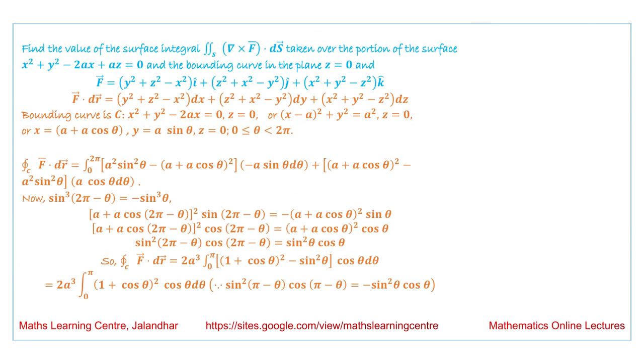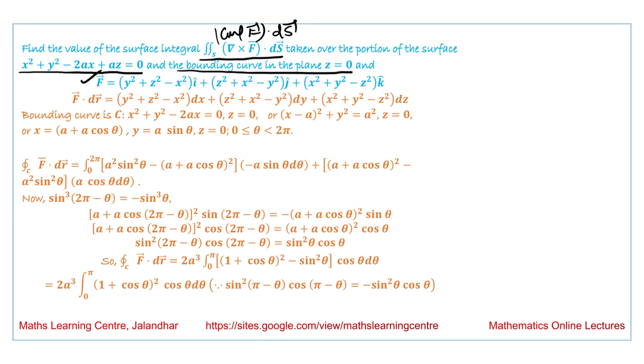Next we have to find the value of the double integral of del cross F vector, that is curl of F vector dot dS vector, taken over the portion of the surface x square plus y square minus 2ax plus az equal to 0 and the bounding curve in the plane z equal to 0, and this is the value of F vector given to us.